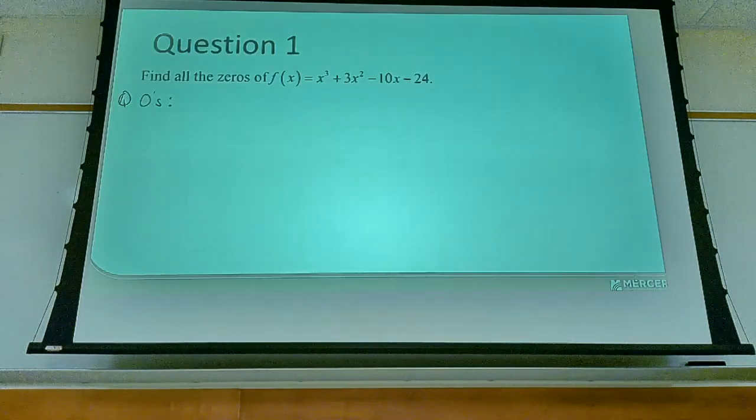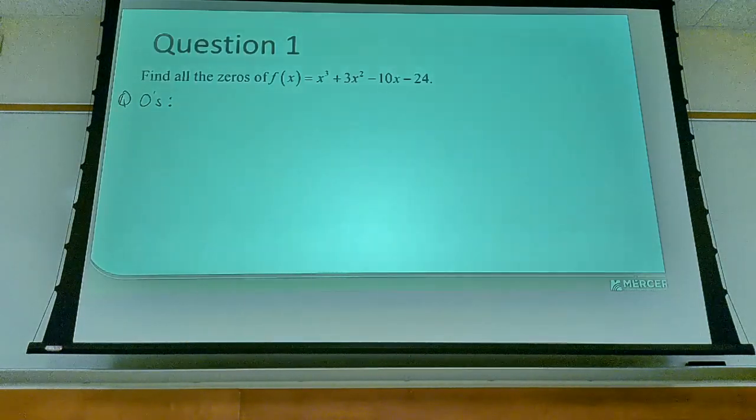So you need to look at your constant, 24, well, negative 24, but just look at 24. List out its factors. So what are the factors of 24? 1 and 24. Those are 2 of them.